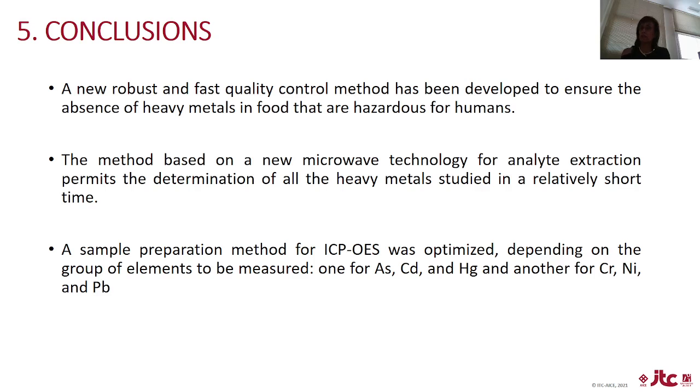A sample preparation method for ICP-OES was optimized, depending on the group of elements to be measured. One for arsenic, cadmium, and mercury, and another for chromium, nickel, and lead.